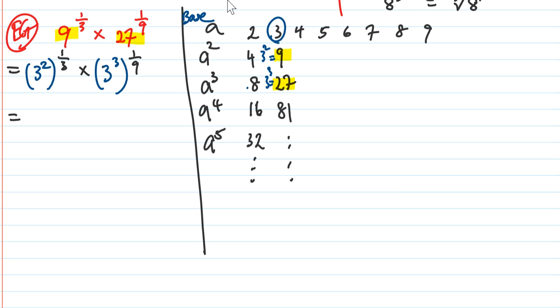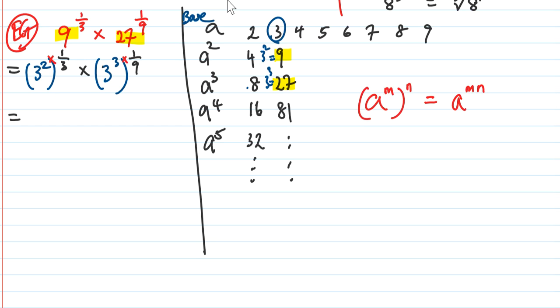Now when we're looking at this question, they have the same base. But before we do anything about it, can we make this power be 1? Because we have one power inside the bracket and one power outside the bracket. Remember, we have the rule which says that a to the power m, and there's a power outside, we can just multiply the powers together. So let's just put a multiply here.